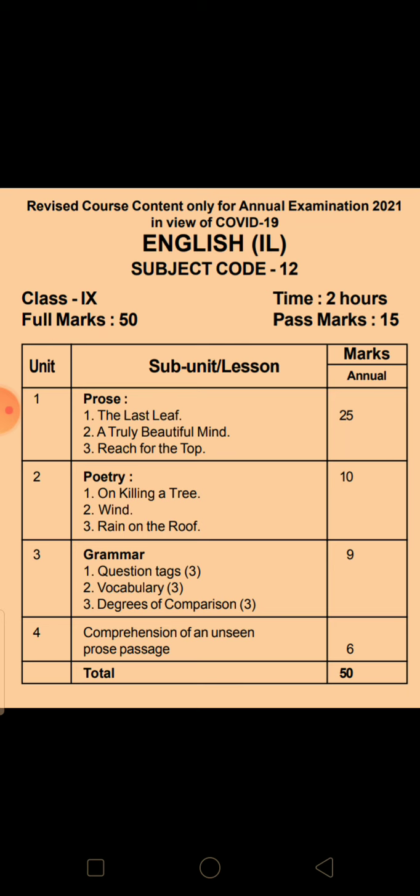From that passage, you will probably get 5 to 6 questions to answer, and they will probably give you a one word meaning, and you would need to find that word meaning from the text. So this is the part of your English in lieu of MIL, the language, that's why it's called your English IL.